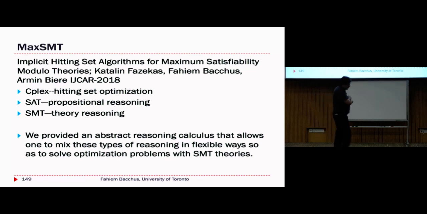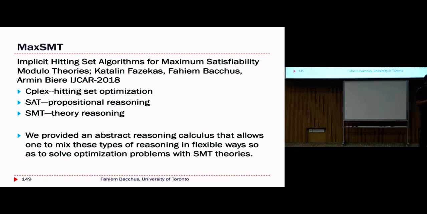The other thing I'll mention is that we had this interesting paper at JAIR 2018, where we asked the question, suppose you have an SMT formula, not just a SAT formula. So you have 3 things going on. You want to do optimization, you want to do propositional reasoning, and you want to do theory reasoning.